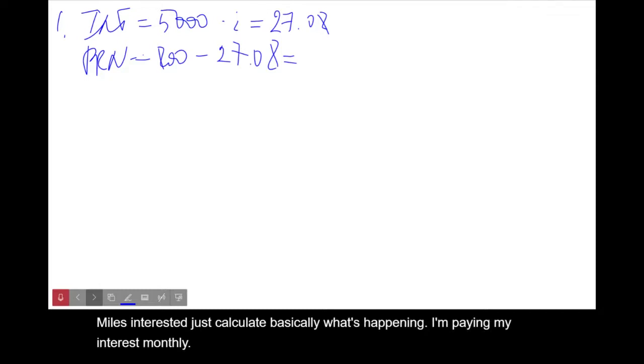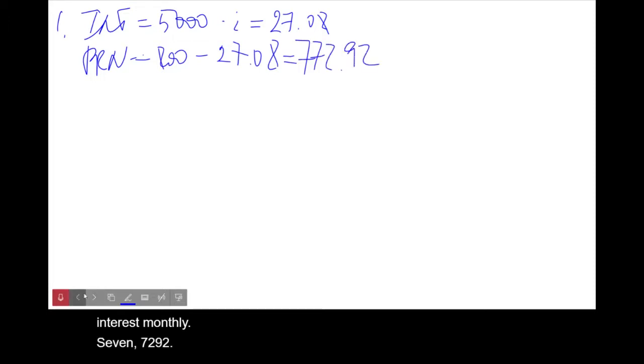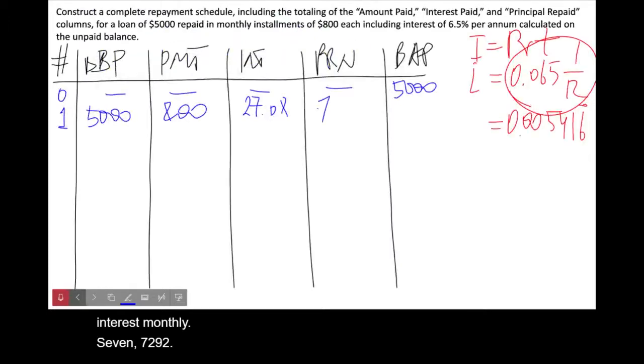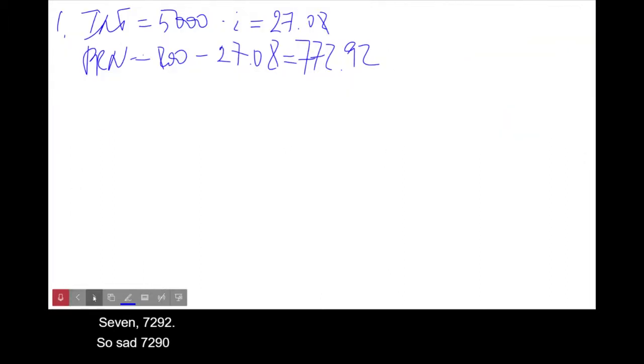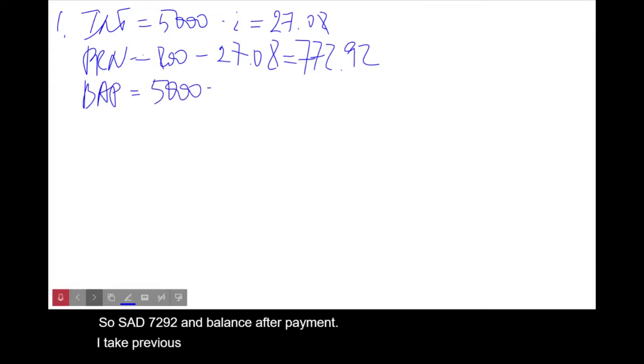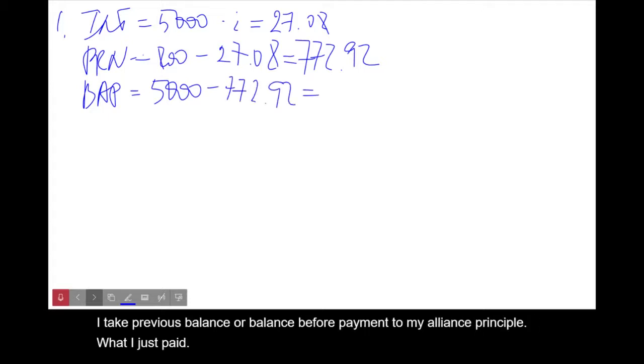Right? So principal is 772.92. And balance after payment, I take the previous balance, or balance before payment, minus the principal I just paid.